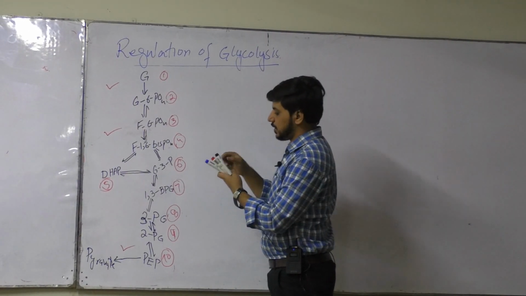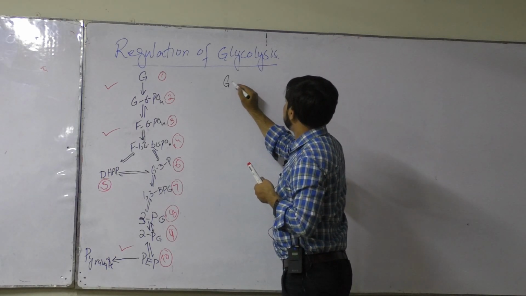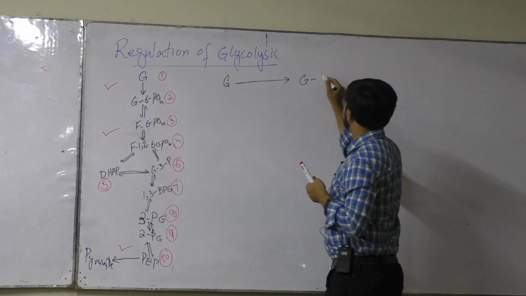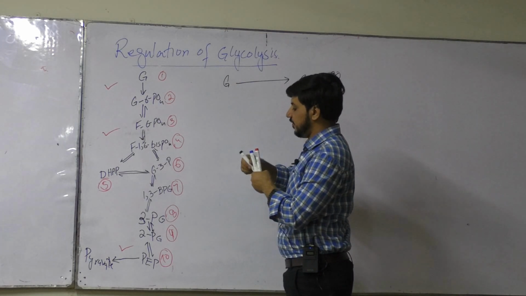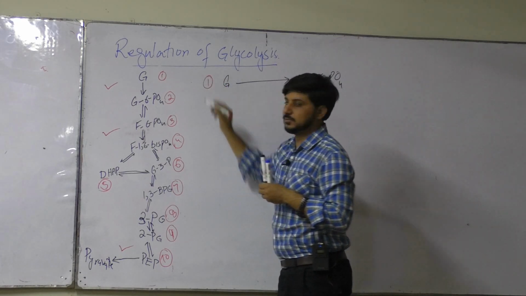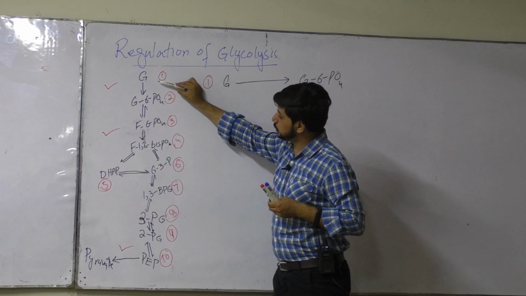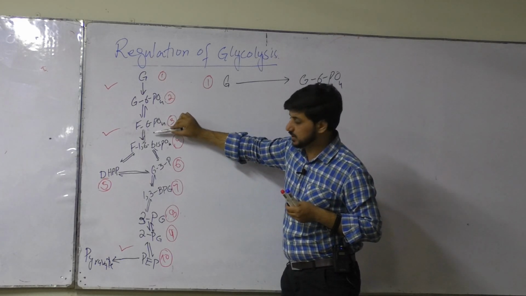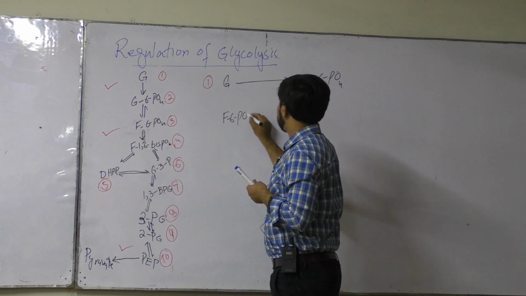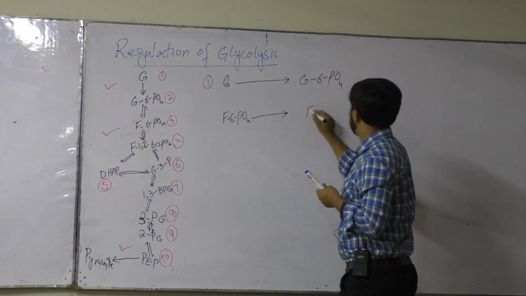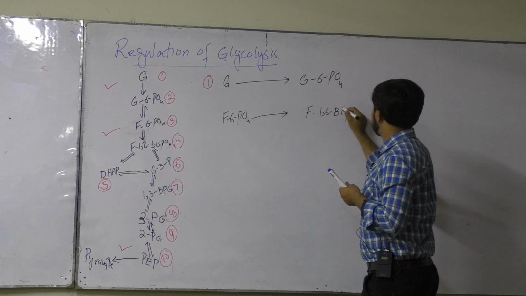Chemical reaction number 1, let me write it over here, is from glucose to glucose 6-phosphate. This is chemical reaction number 1 of glycolysis. Then chemical reaction number 3 is also irreversible: fructose 6-phosphate to fructose 1,6-bisphosphate.